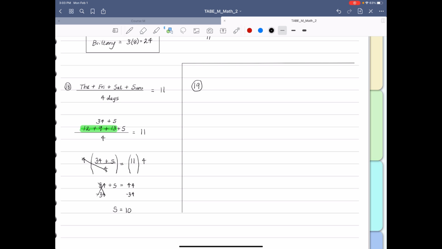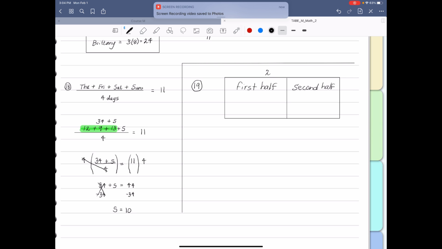And to show you how this works, I'm going to draw a book, an open book, and there's half of it. So the first half of this book is here, and the second half is here. And the whole book is 224 pages.